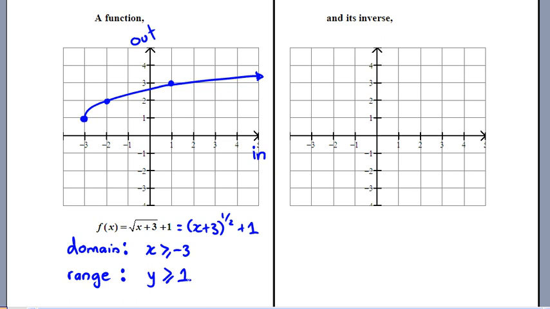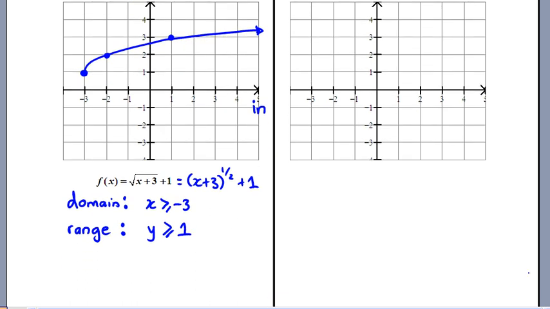Now there's one point on here I just want to take a look at, just kind of watch what happens when we look at the inverse of it. Just f of 1, seeing what happens there. We would be putting 1 into the function, so we would be going square root of 1 plus 3, then add 1. Okay, root of 4 is a 2, then add 1, and we end up with this value of 3.